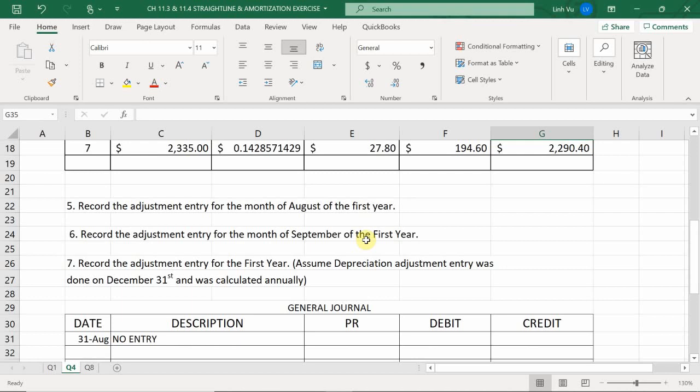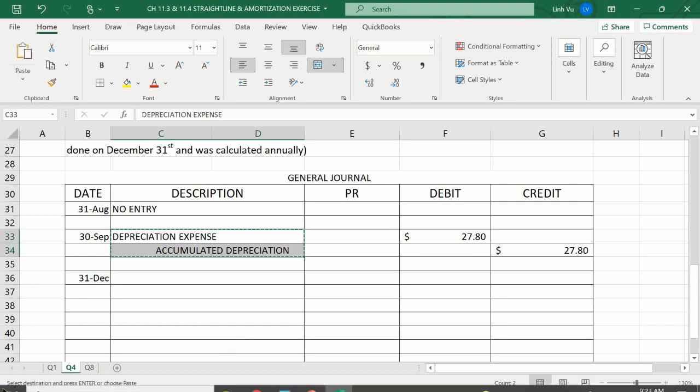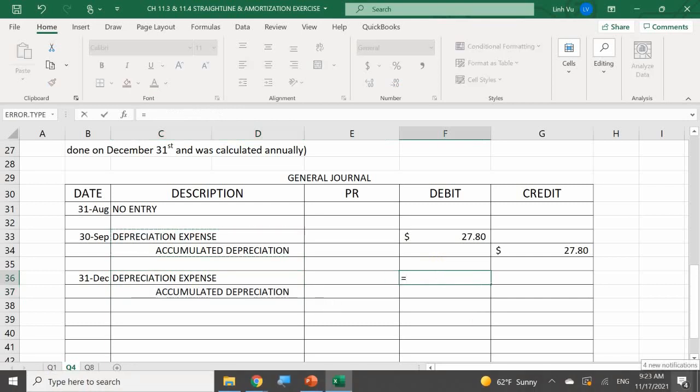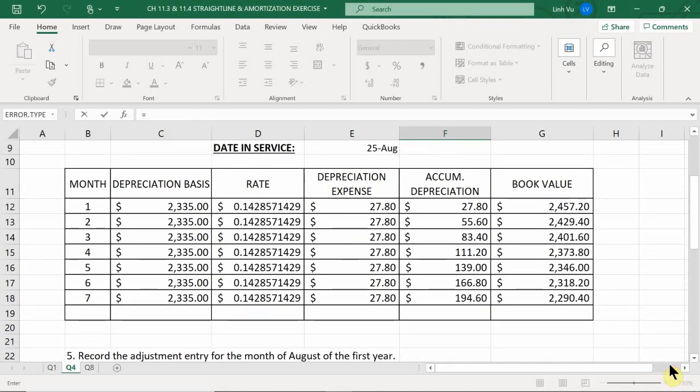So then now, I'm asking you, if it's December 31st and you do the adjustment at the end of the year, how do I record my depreciation? 2780 times 4. How much is that? 111 and 20.